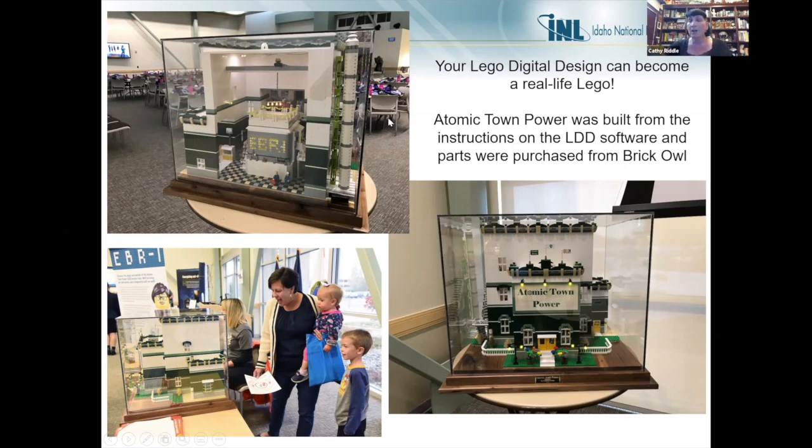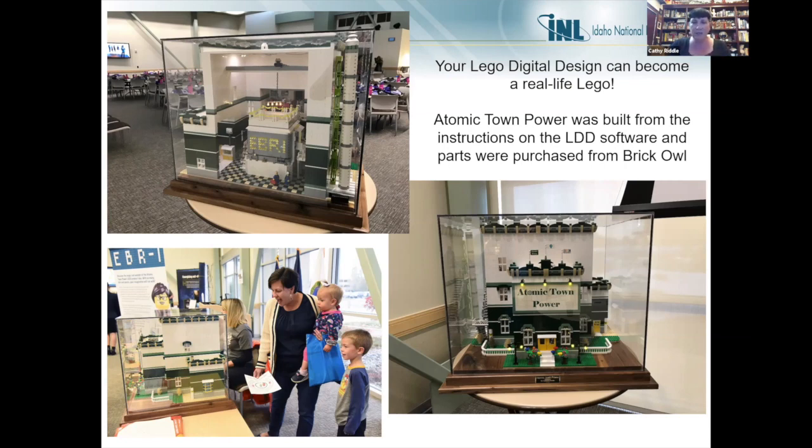Now, maybe Atomic Town is a town. So we have Atomic Town, we have the power. Maybe Atomic Town needs something like a national laboratory. Maybe it needs scientists and engineers. Maybe it needs a spaceport.